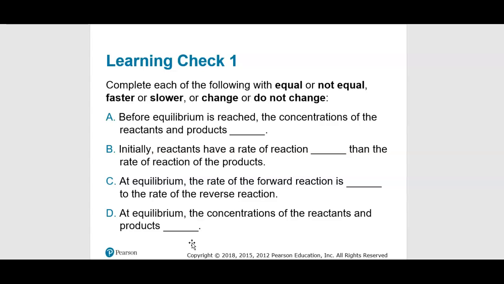So really, at equilibrium, the concentrations of the reactants and products do not change. So before equilibrium, they change. Initially, the reactants react faster than the rate of the reaction of the products. At equilibrium, the rate of the forward reaction is equal to the reverse rate, and the concentrations of the reactants and products do not change.